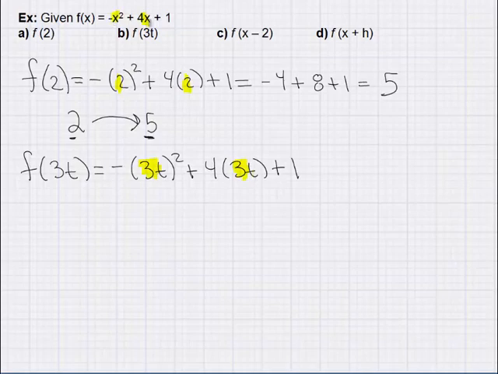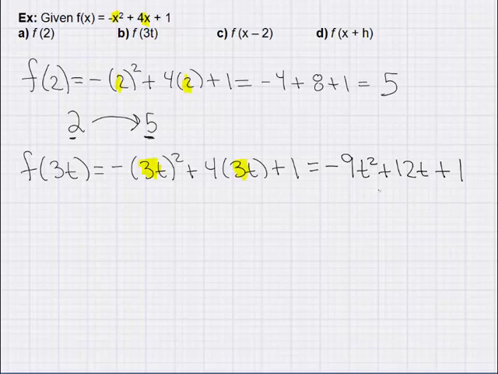Okay? So what I get is 3t squared. That's 3t times 3t, which is 9t squared. Multiplied by a negative is negative 9t squared. 4 times 3t is 12t plus 1, and that's the best I can do.